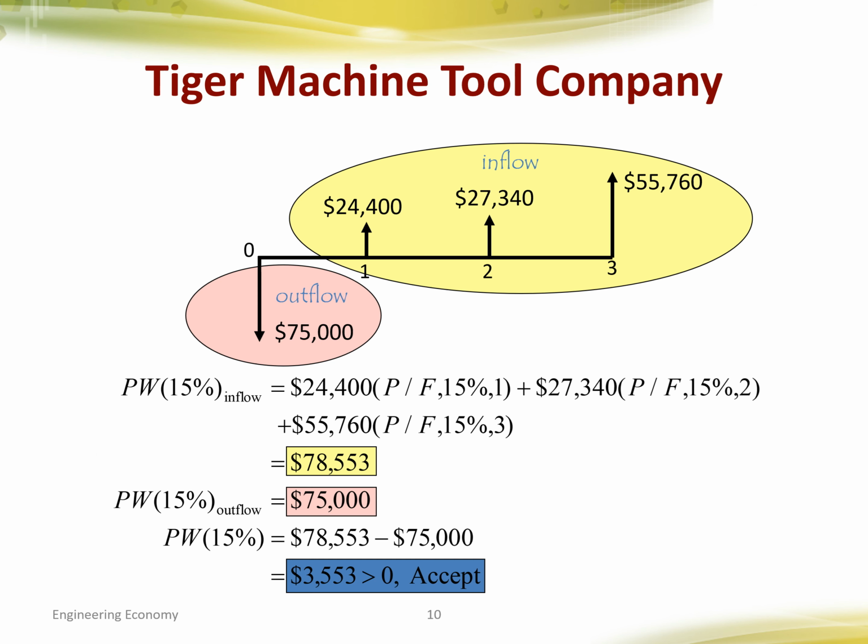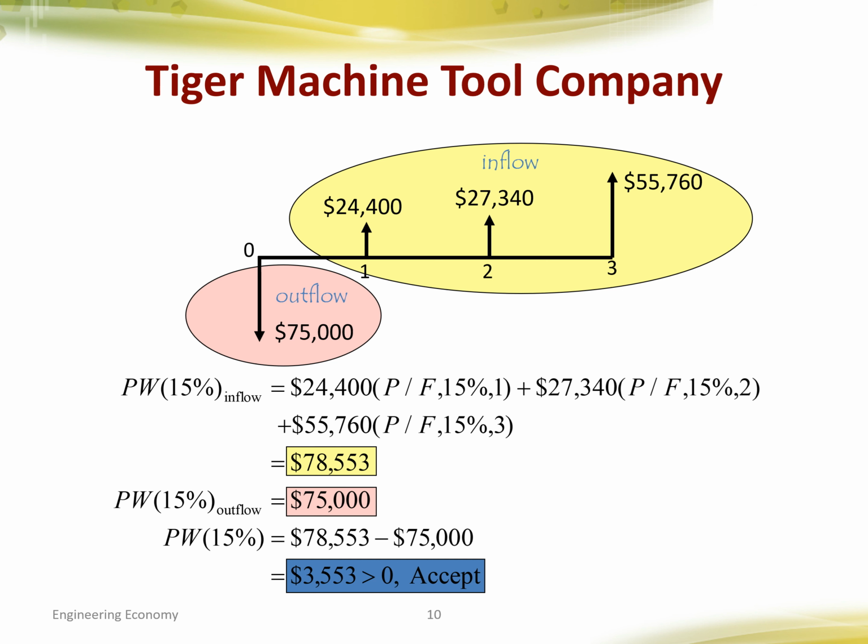We can look at an example with numbers. Here we have one outflow at the present time, and inflows at the end of the first year, second year, and third year. So what we can do is compute the present worth of inflow, then consider the present worth of the outflow, and take the present worth of inflow minus the present worth of outflow.